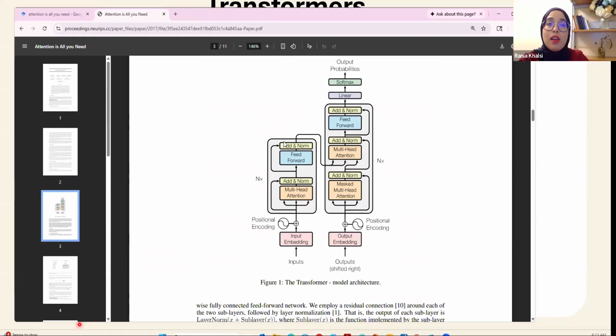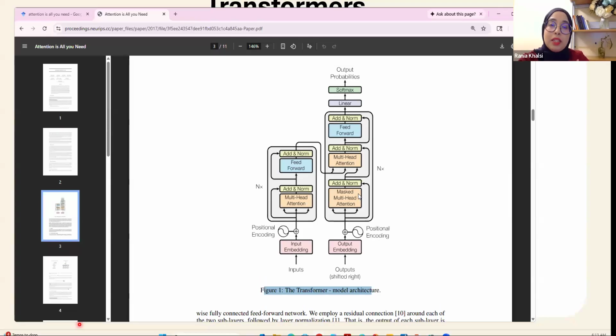Stop by any figure, especially the first figure, which usually summarizes or illustrates the idea. So this is the transformer model architecture. Take some time to look at this architecture and try to understand it from the visual representation.